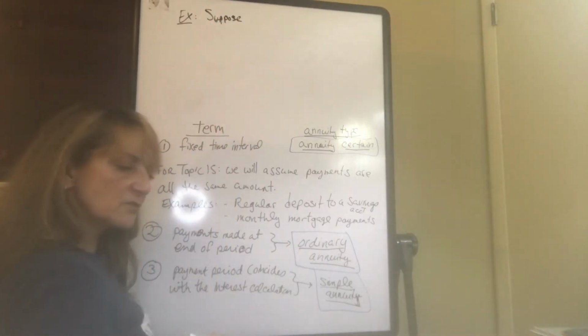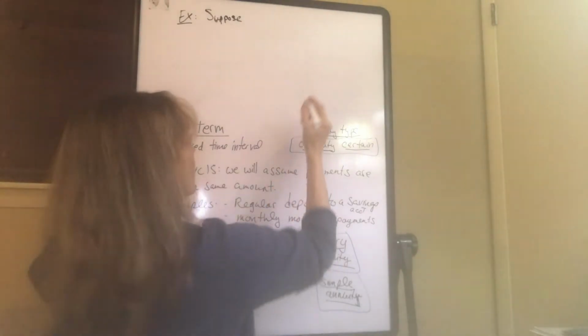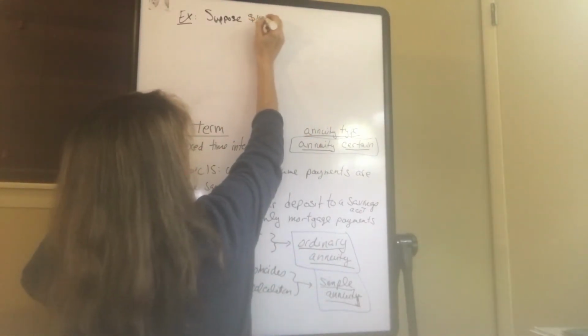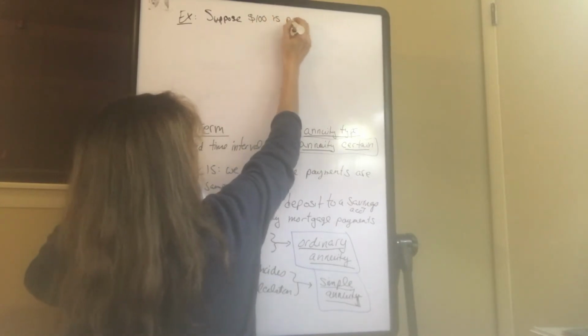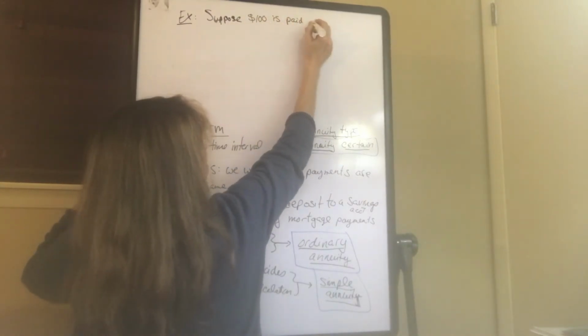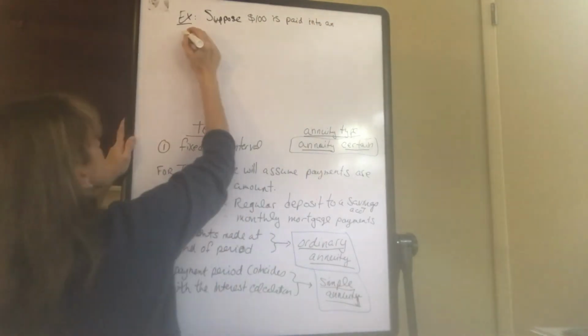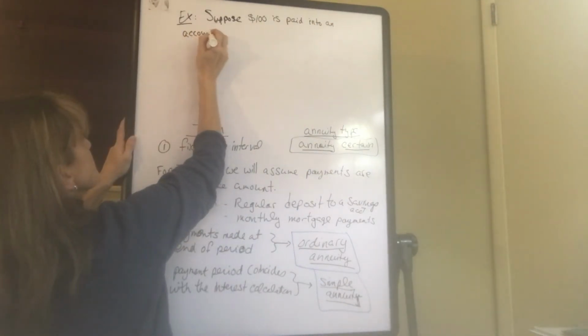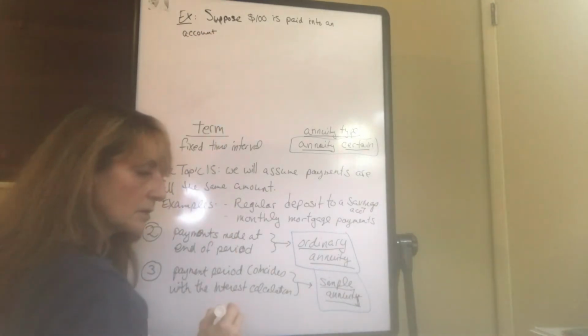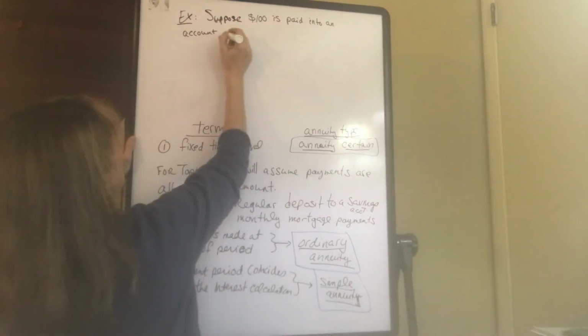Suppose $100 is paid into an account at the end of each quarter over a period of 3 years.